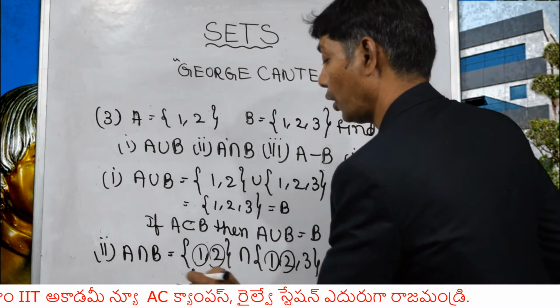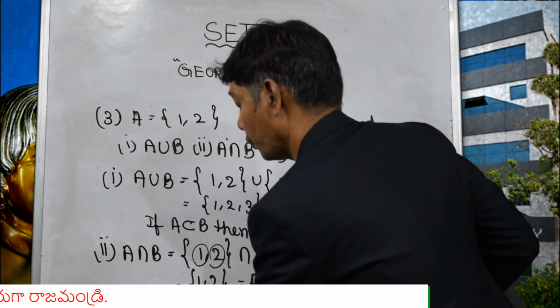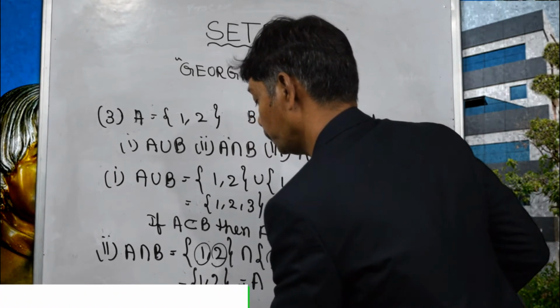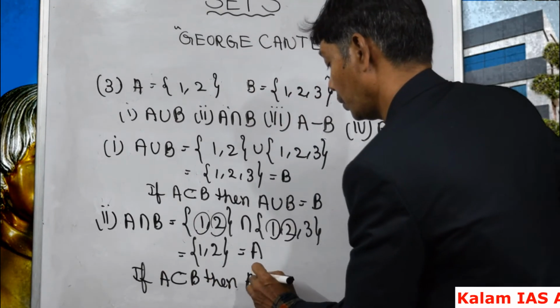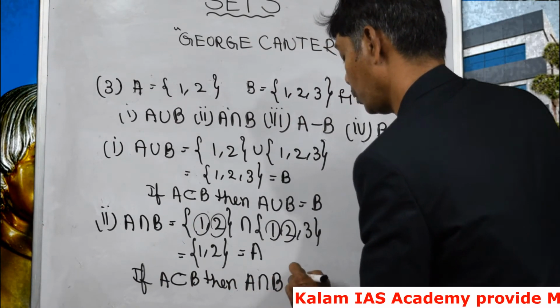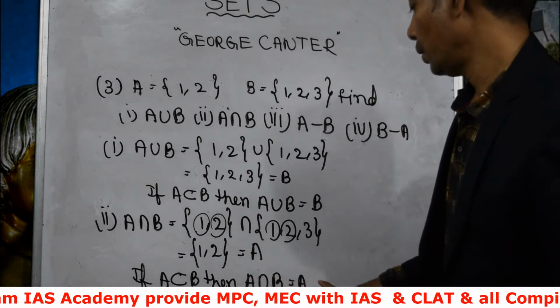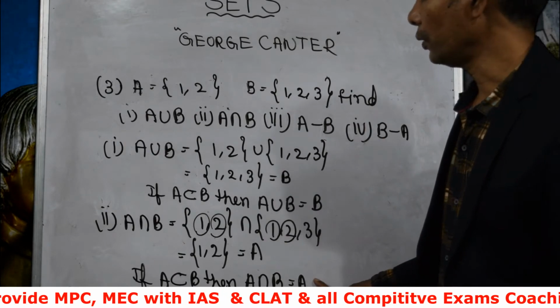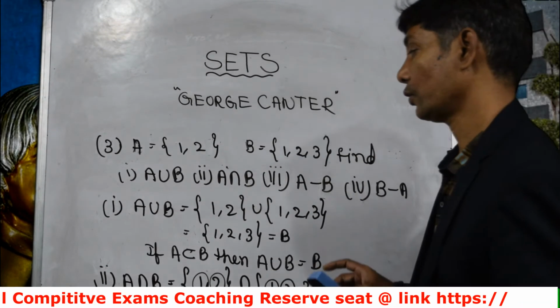That means 1, 2 means A. If A subset B, then A intersection B is equal to A. This is also one of the important formulas. Got it? Now you go for A minus B and B minus A also.